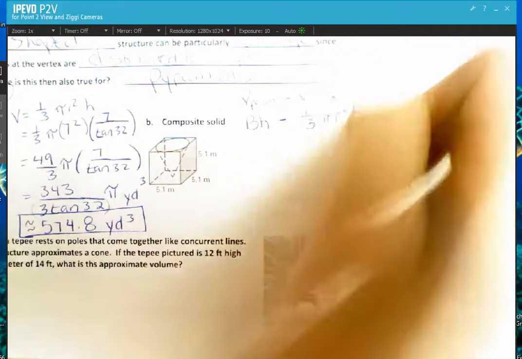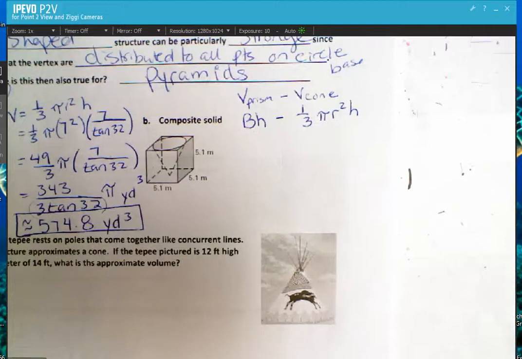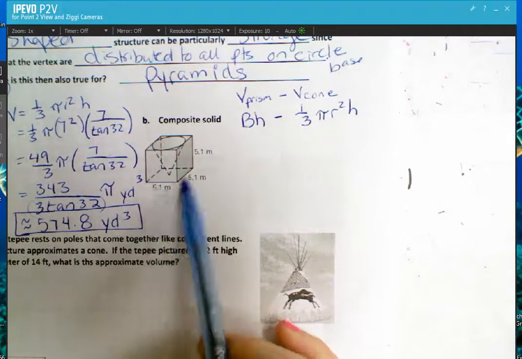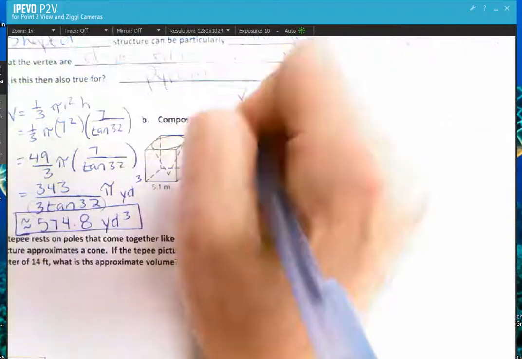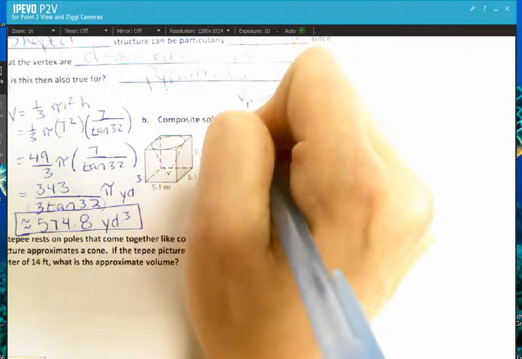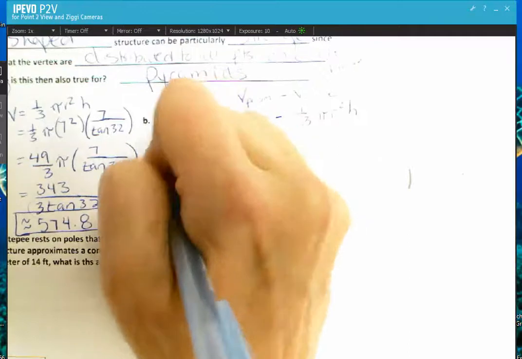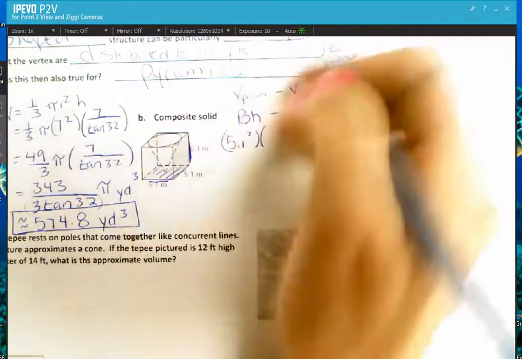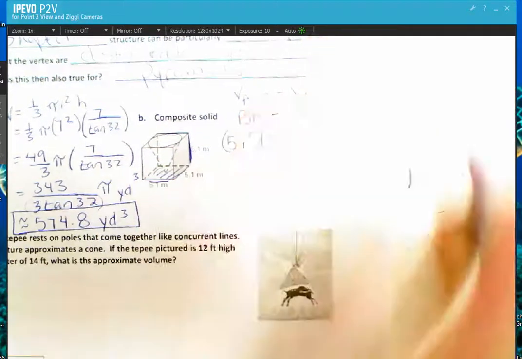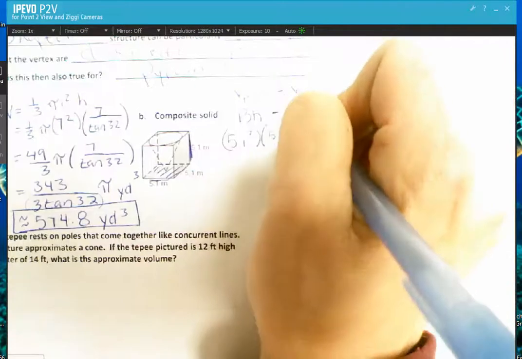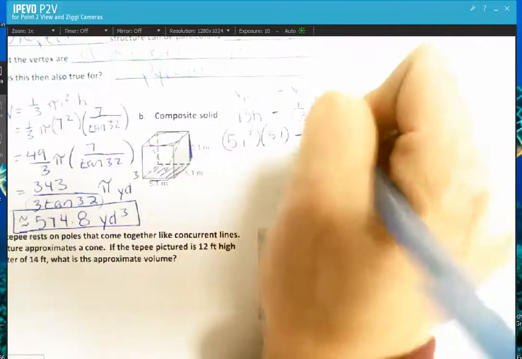Then it just becomes a matter of substituting in what I need to substitute in. The base area is a square, so I've got 5.1 squared times the height, so that's my base area, times the height of 5.1. It's a cube, so we know it's 5.1 cubed. Minus 1/3 pi r squared.